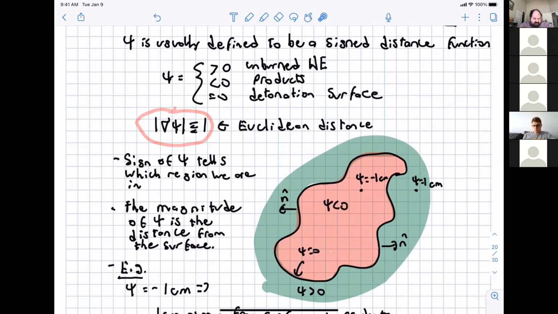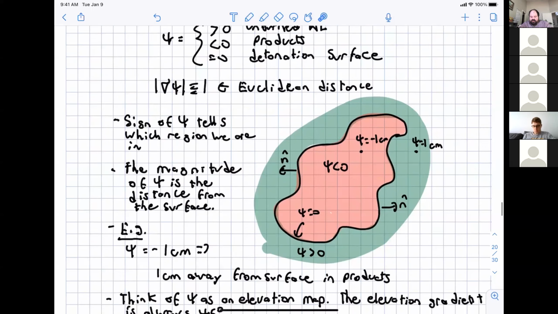Okay, and so what the slope of 45 degrees means, which is basically what this states but in a different way, is that the magnitude of psi tells us exactly how far we are from the surface. So for example, if psi is 1 centimeter, that means that we are exactly 1 centimeter away from the nearest point of the detonation surface. And then the sign of psi tells us which region we are in.